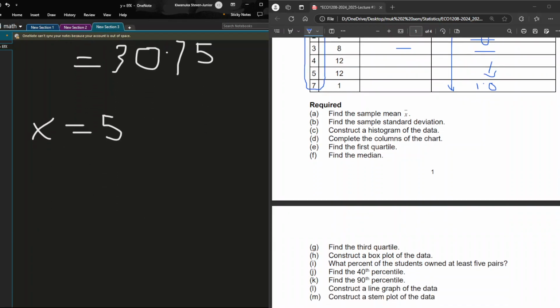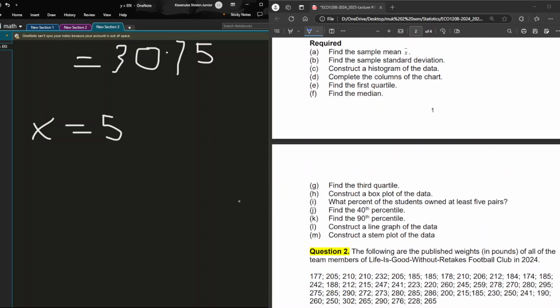Yes. So now they're telling us to construct a box plot for the above data. What are the prerequisites for constructing a box plot?